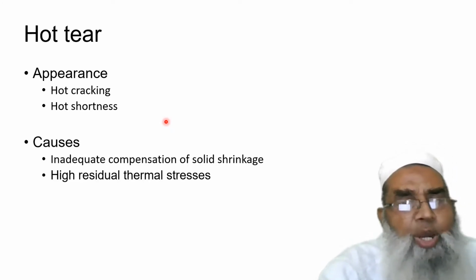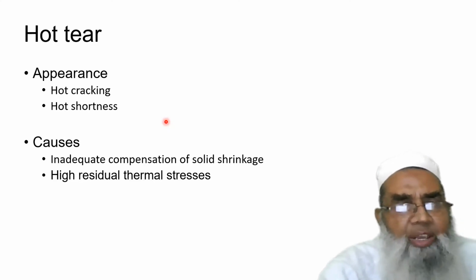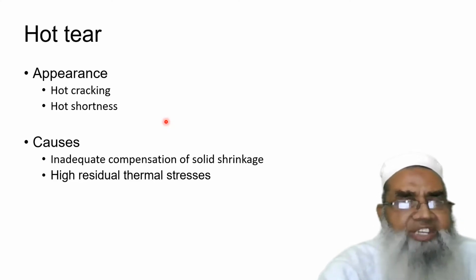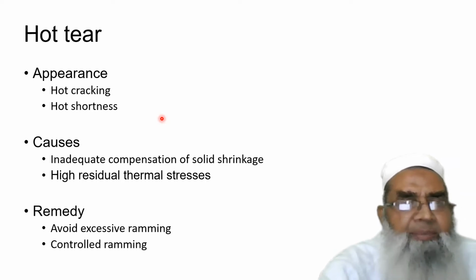Inadequate compensation of liquid shrinkage and high residual thermal stress will cause these hot cracks, and therefore we should avoid excessive ramming and have controlled ramming. This will cause the removal of hot tears.